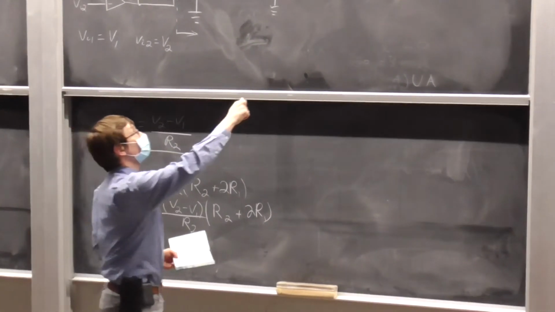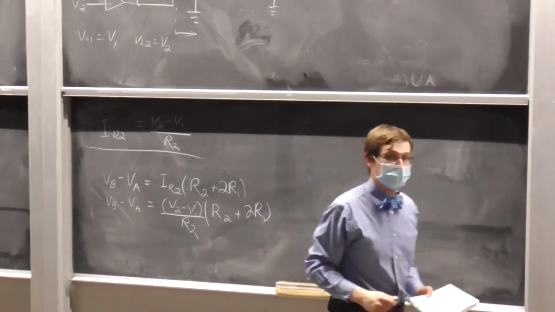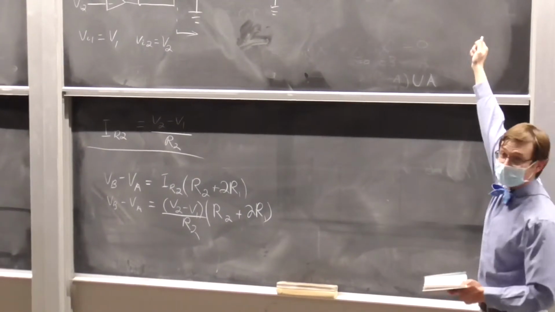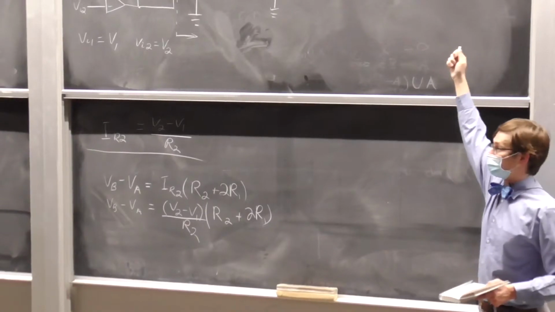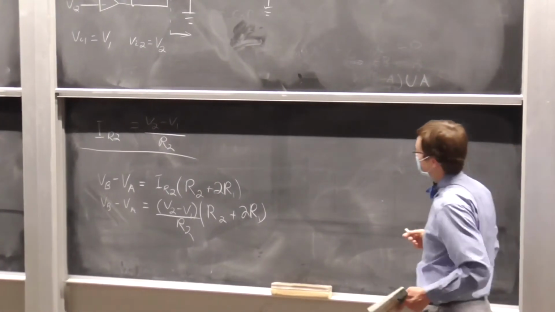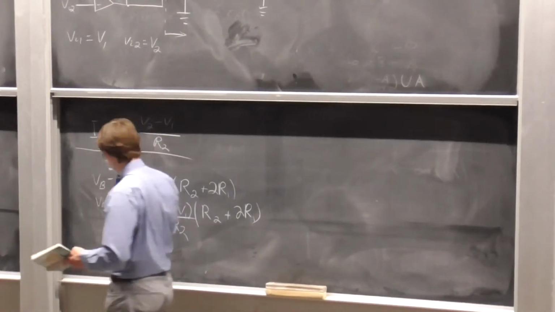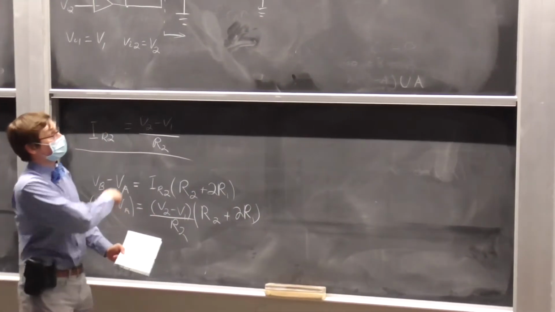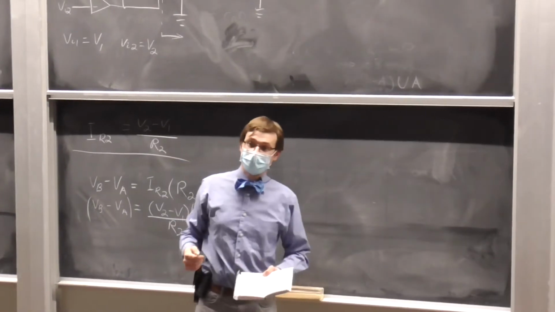Note our earlier equation. VB minus VA, we have that as a term of multiplication in the equation. So, we now, having an expression for it, can substitute it directly into the equation for V out.